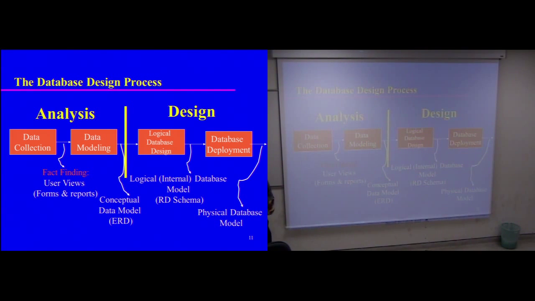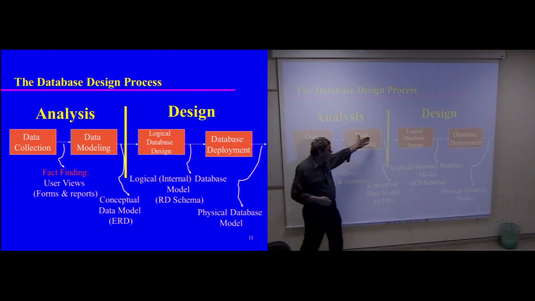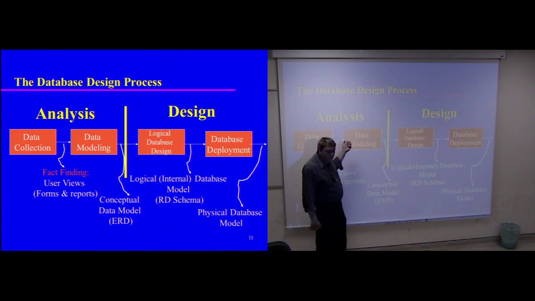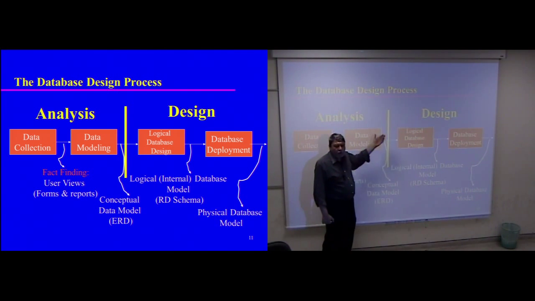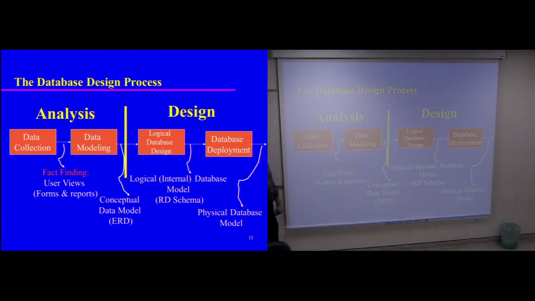I need to understand. This step is about understanding. The second step is about documenting my understanding. The third step is about transforming my understanding into a real system, into something that's implementable on a computer, and then implement it. The last step. Let us go deeply into each of them.